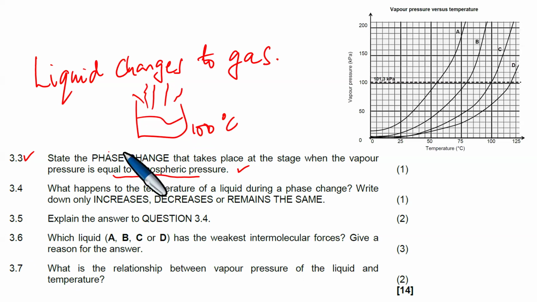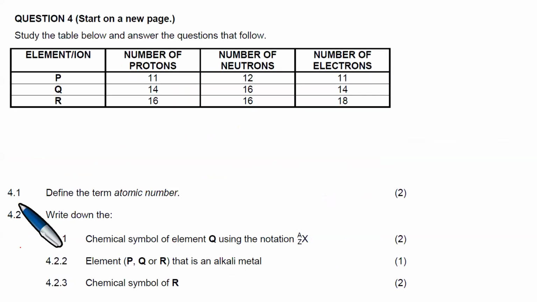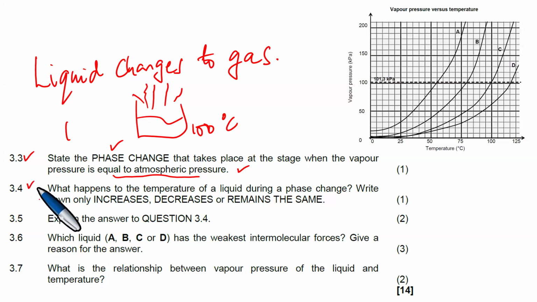And therefore, there's a phase change. Water changes from liquid to gas. That is the phase change. So the answer to this question, stating the phase change, is liquid changes to gas in 3.3. Let's look at 3.4.